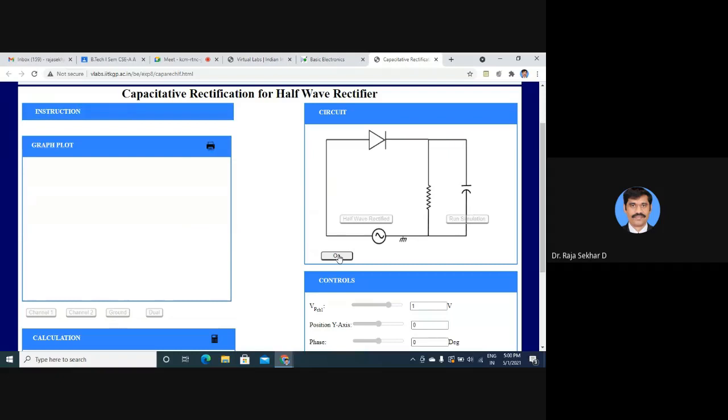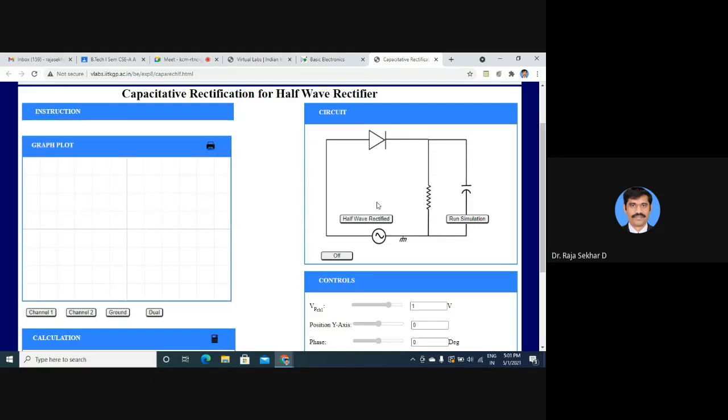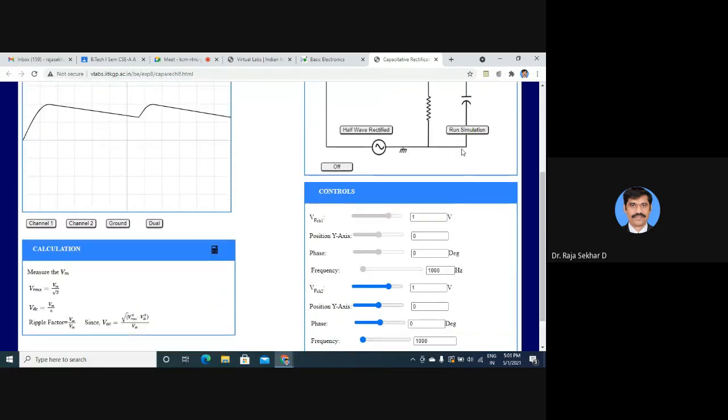Click on the button, click on sine wave, click on run simulation. Observe the corresponding waveform. So this is the rectified output.